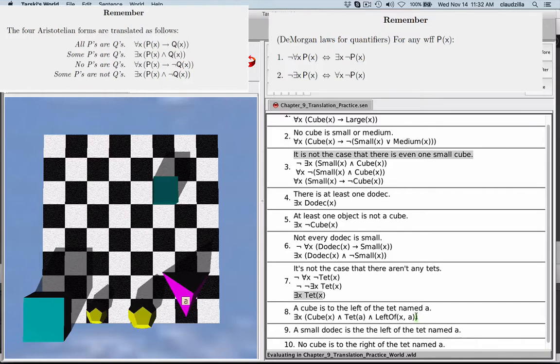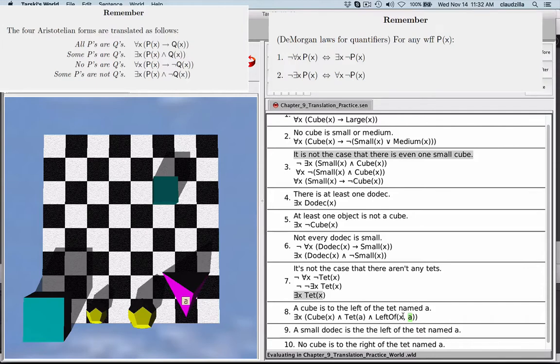The point here that I think is more important than the order of where the tet named A goes in the sentence is the fact that the entire sentence has parentheses around it that show us the scope of the quantifier. Why do we bind effectively the constant A?